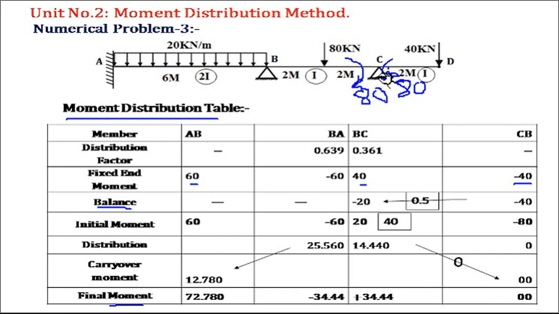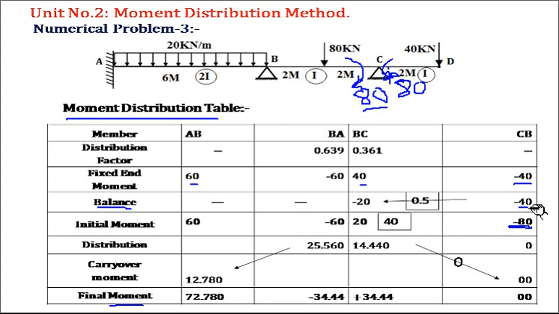To keep joint C in equilibrium, there should be an equal and opposite moment of the same value. So the moment in member CB should be minus 80 because it is acting in anti-clockwise direction. The value now is minus 40, so to make it minus 80 you have to apply the correction of minus 40.